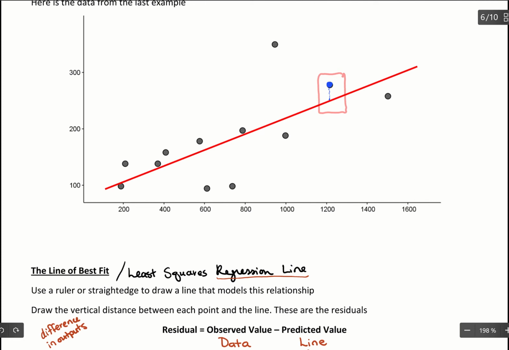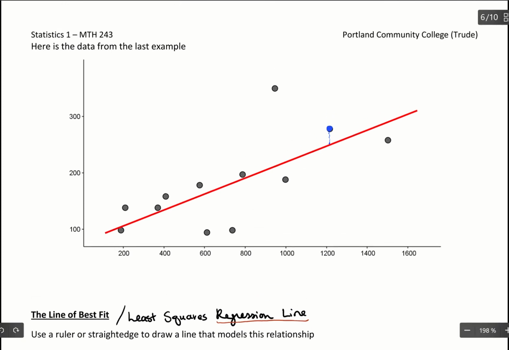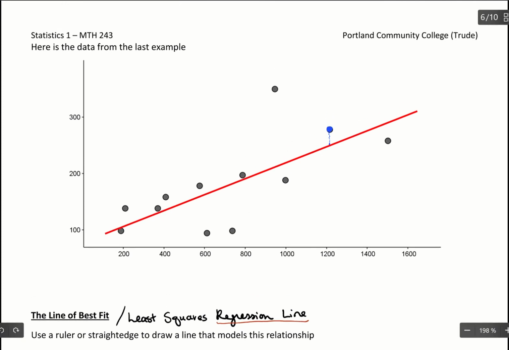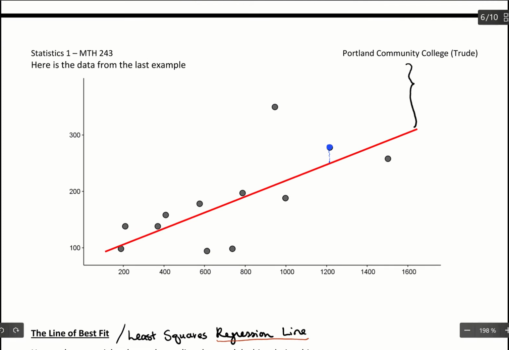And what I can see here is what I observed is higher up than my line. So if I'm taking a difference between these two y coordinates, then what I'll have is a positive value coming out. It'll be this positive residual by taking this large observed value minus predicted value. And that's going to happen for any dot that's above that predicted line, your residual is going to be positive.